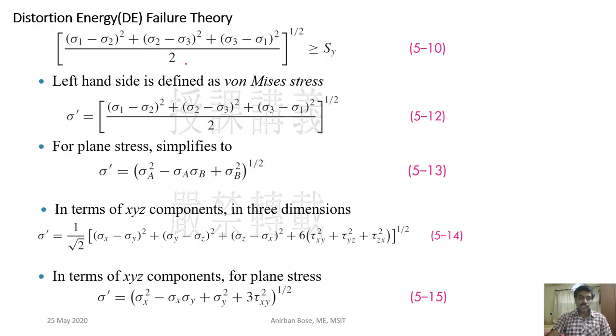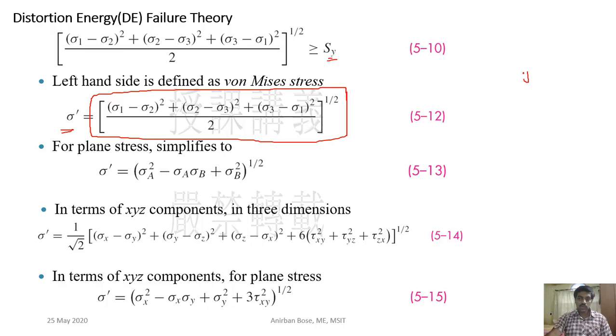Now the distortion strain energy theory can be simplified by considering this particular bracketed expression. This particular stress is given the name von Mises stress, symbolized by sigma prime. So if you can find sigma prime, you just compare it with Sy.